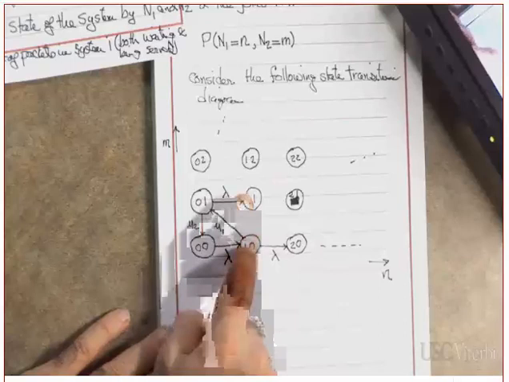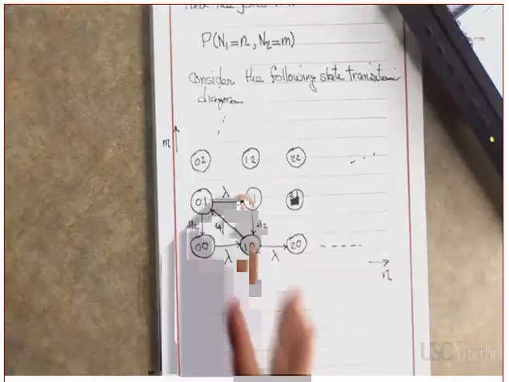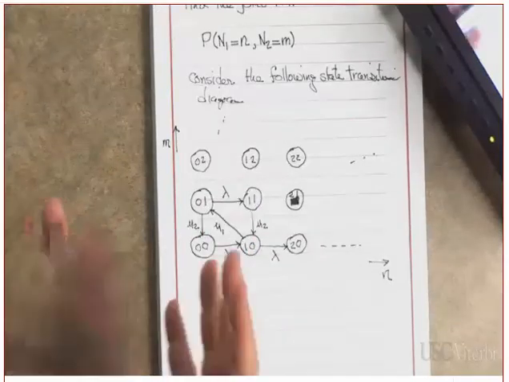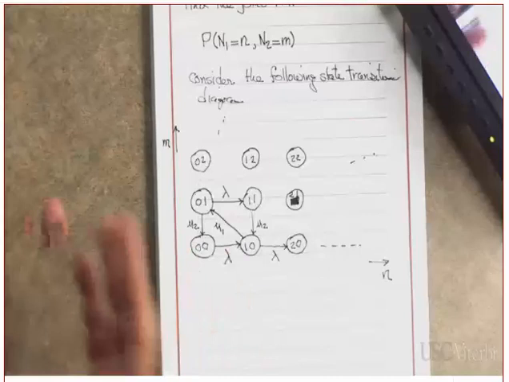Anyway, let's take this one, the edge one. What do I have? Lambda P 0, 0 equals mu2 P 1, this is equation 1. Yes or no? Okay.